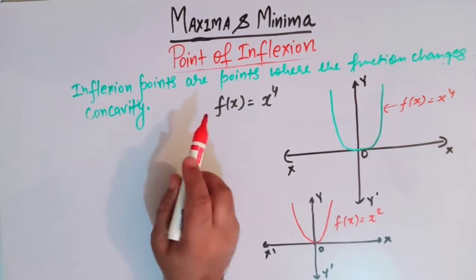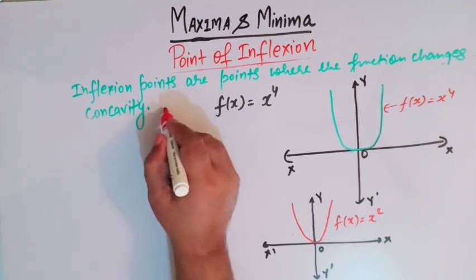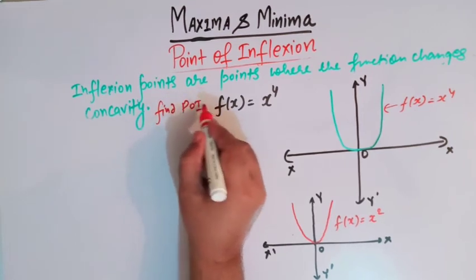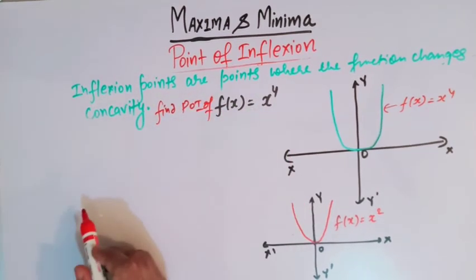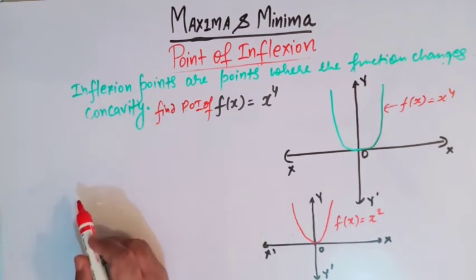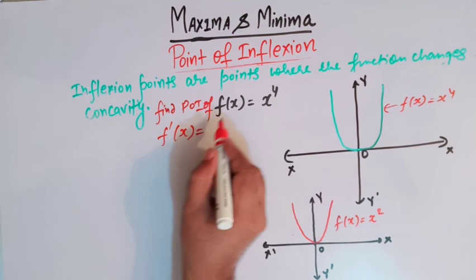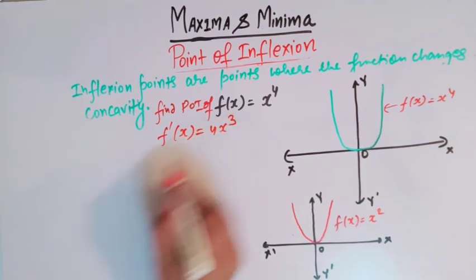Now here our aim is to find the point of inflection of this function, right? And if they exist, now we'll differentiate this function and we get 4x cube.